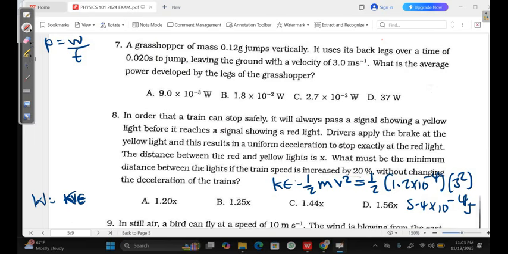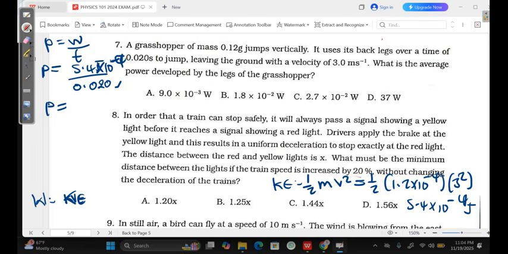So then the power is that many joules divided by the time, 0.020 seconds.